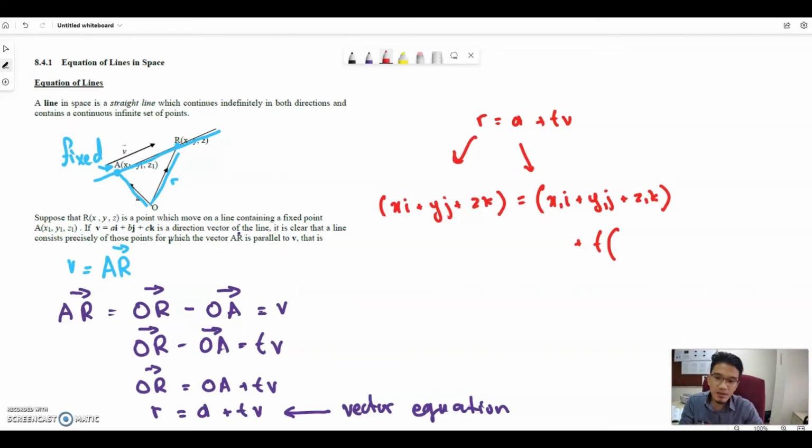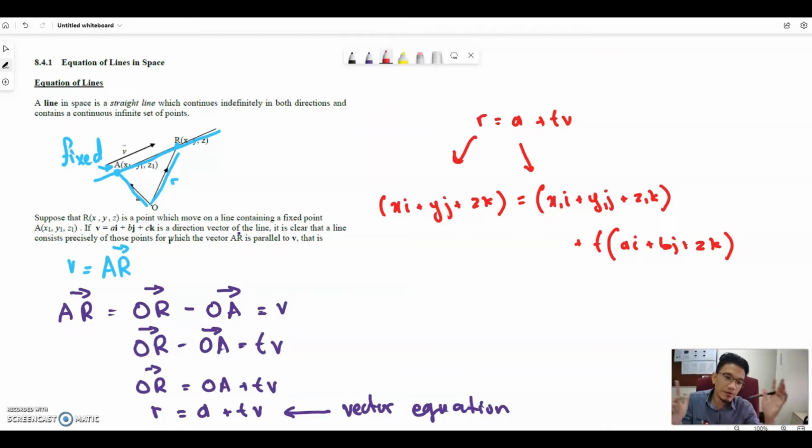V is the direction vector, also known as a direction vector. I use it as ai plus bj plus ck. It is important for you to know which vector represents which part, because in this one equation of line we have three sets of vectors: one for the vector r, one for vector a, and another for vector v.